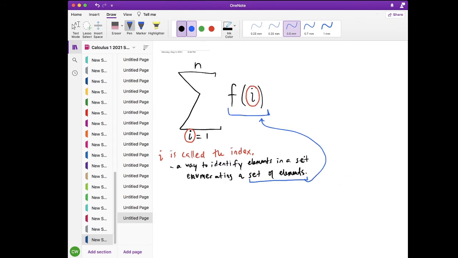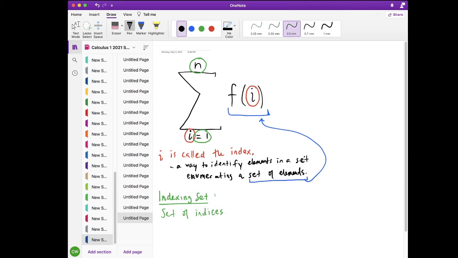So now, how does i relate to this equals 1 and this n? These terms define for you what the indexing set is. Really it is just the set of indices, the plural of index.